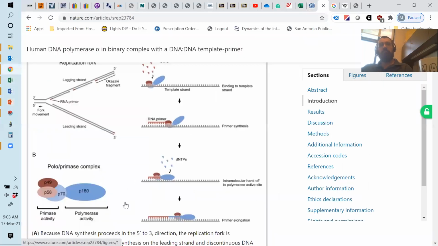Well, the answer is that DNA polymerase alpha is actually made up of a bunch of different proteins. It's made up of 4 proteins. These are called subunits, right? So this is different from a holoenzyme. If you remember, we talked about, I'll just write that up again. Really, a holoenzyme is a complex of enzymes that come together to perform a function.